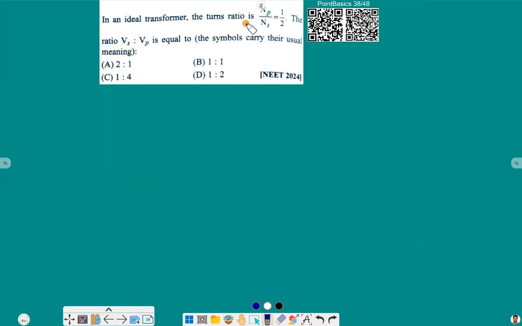In an ideal transformer, turn ratio is given. The ratio of Vs to Vp is equal to, where symbols carry their usual meaning. So we have to find the voltage ratio, and we know that the ratio of voltage per turn is equal, meaning primary voltage by the number of turns in the primary coil is equal to secondary voltage by the number of turns in the secondary coil.